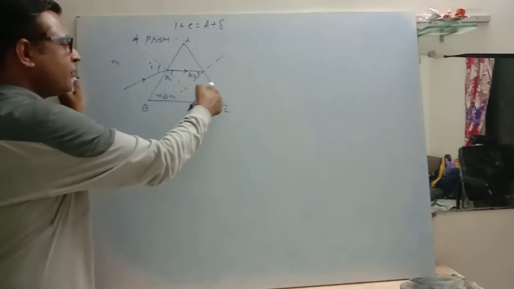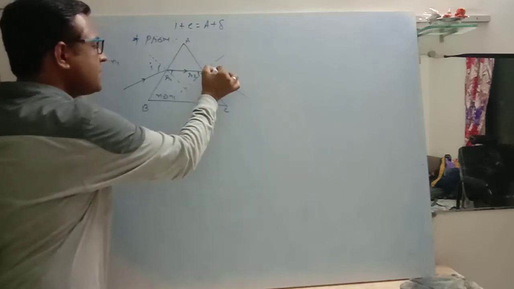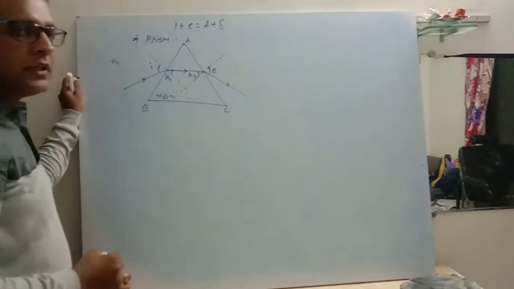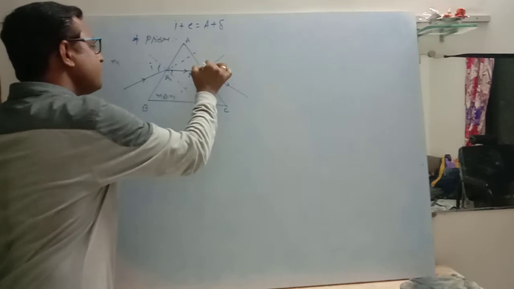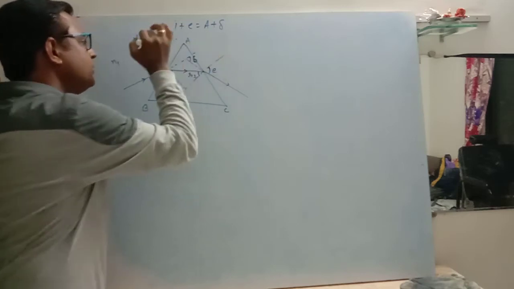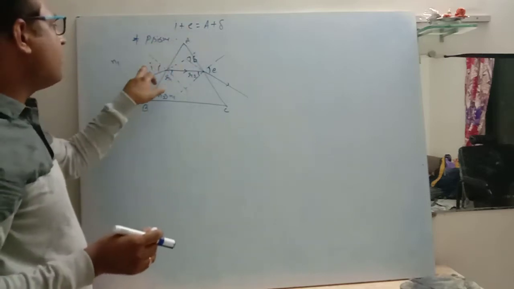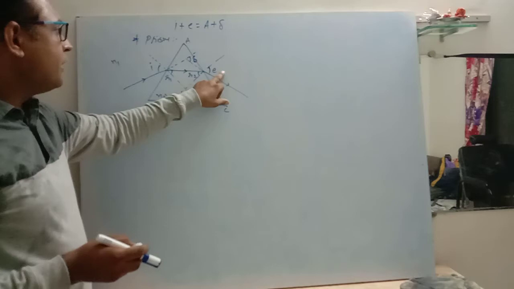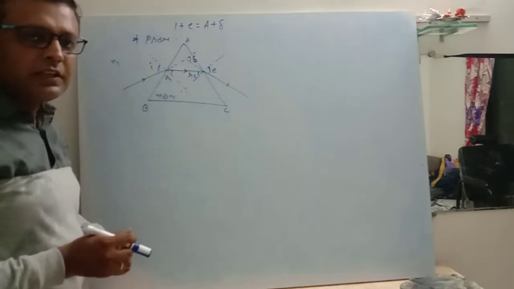Now here the ray enters from denser to rarer, bends away from the normal. Then this is called angle of emergence. And when we extend both the rays, then this angle is called total deviation angle. Then this is the relation between angle of incidence, angle of emergence, the prism angle and the deviation angle.